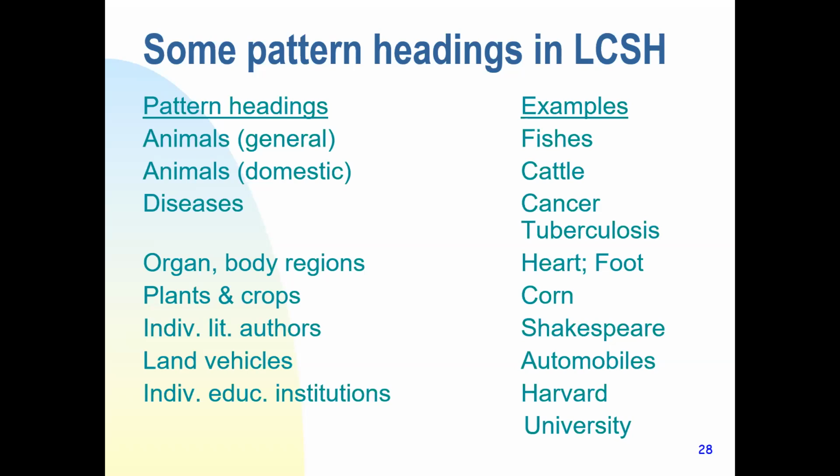For organs, you would look under heart, and for body regions under foot. We already talked about plants and crops. There's individual literary authors. We could look under Shakespeare, land vehicles, automobiles, and individual educational institutions, Harvard University. Those are just some of them. There's more listed on the paper you have, the handout for today.